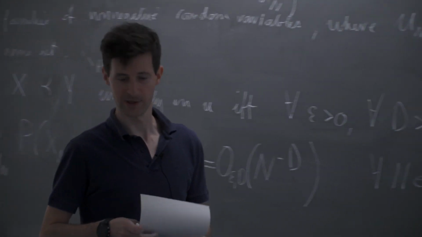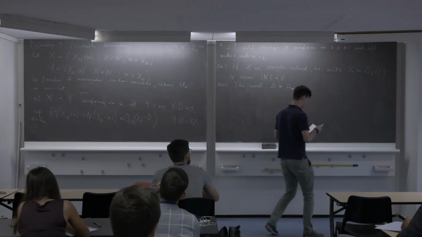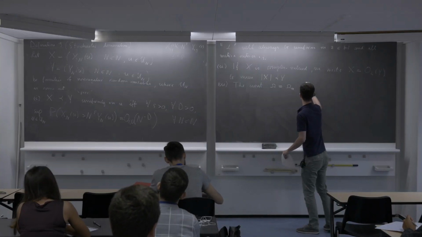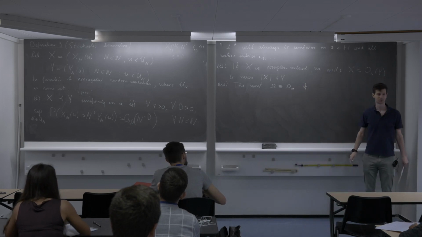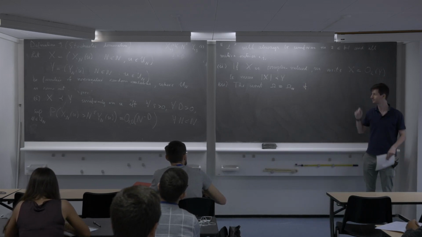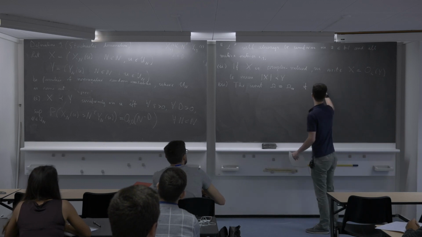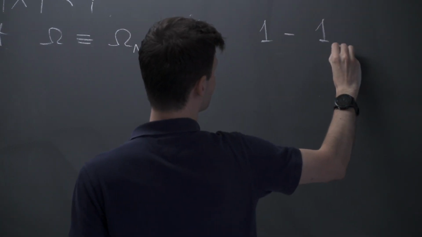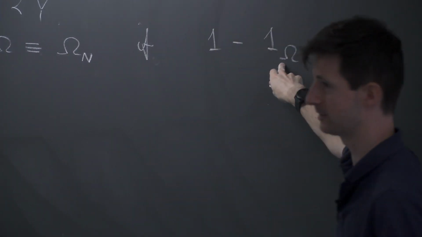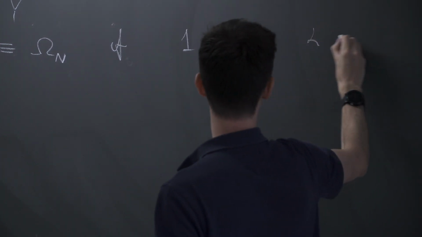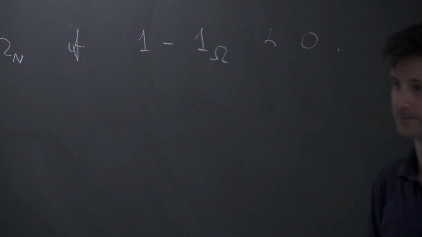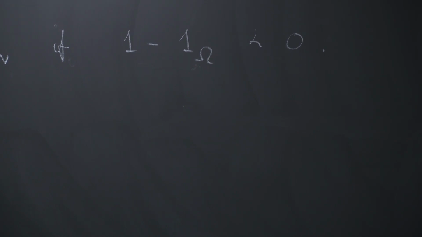And there's a sneaky way of writing this, which I will use. I will do this to confuse you, but also to force you to think a little bit about this definition. And one way to write it: 1 minus the indicator function of the event is stochastically dominated by 0. Okay?